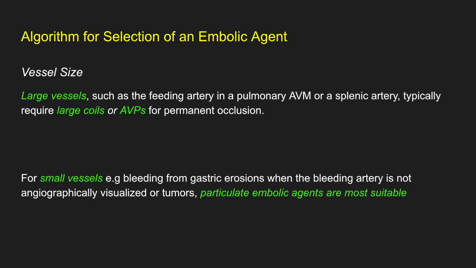So, the vessel size. For large vessels such as the feeding artery in pulmonary AVMs or the splenic artery, we usually like to embolize them using large coils or vascular plugs. But in contrast, for small vessels, like bleeding from gastric erosions when the bleeding artery is not angiographically visualized, or tumors, here you're going to use small microparticles like PVAs and Embosphere.